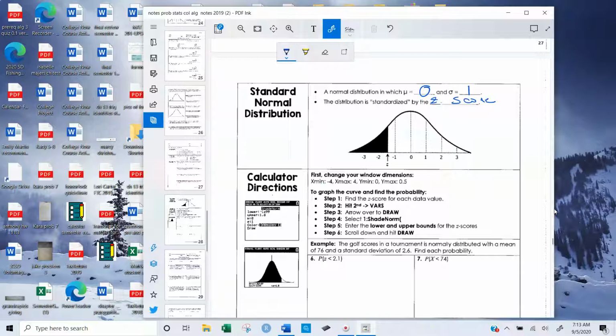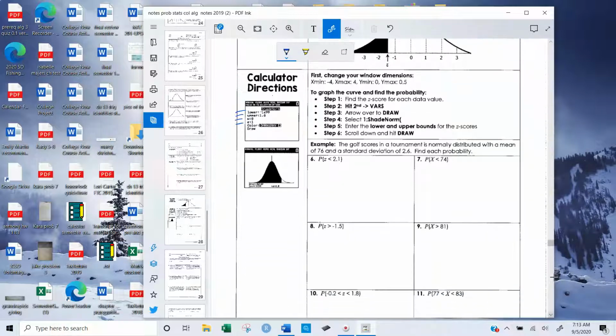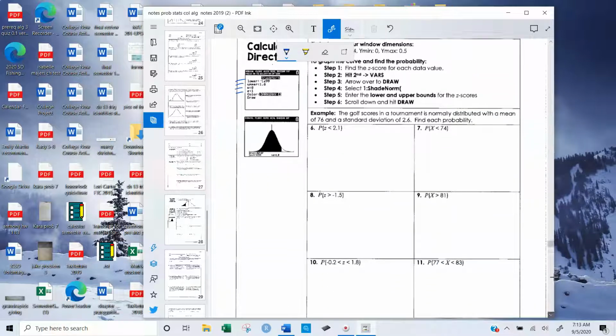We have a different one that I like to use. You'll plug in the z-scores for one side, and it's called the normal CDF. If you have a calculator that does normal CDF, you're welcome to try this. You'll plug in lower bounds, upper bounds, mu, and sigma, and it will give you the answer, which is absolutely awesome. I could not find one online that did it well. If you have one or you find one, let me know, and we'll go through that.